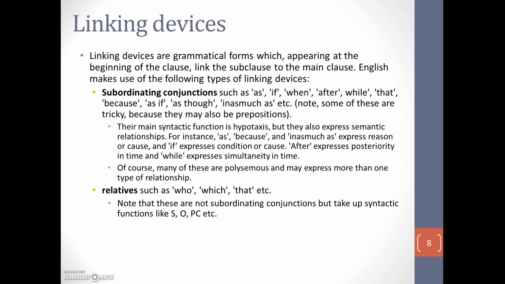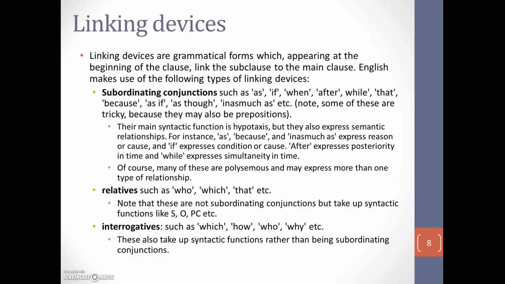You don't do that to a subordinating conjunction, right? They don't have a syntactic function. We also have interrogatives that we can use to link these subclauses. So which, how, who, why, and these also take up syntactic functions rather than being subordinating conjunctions.